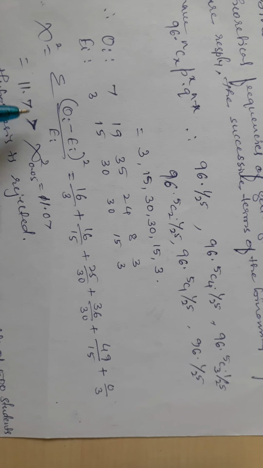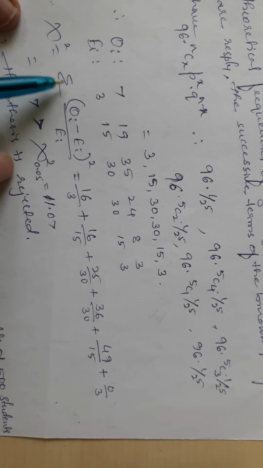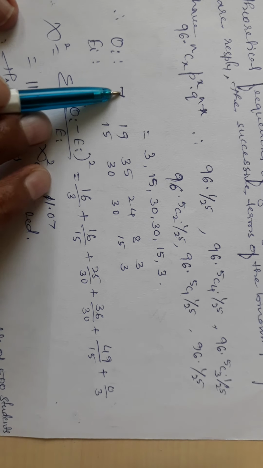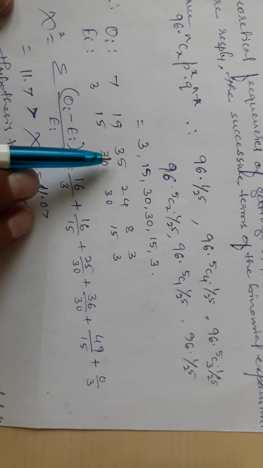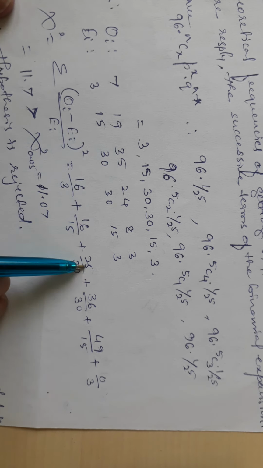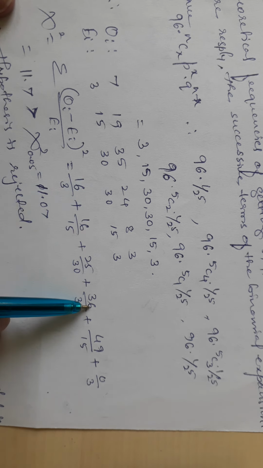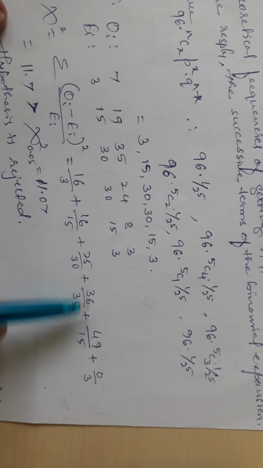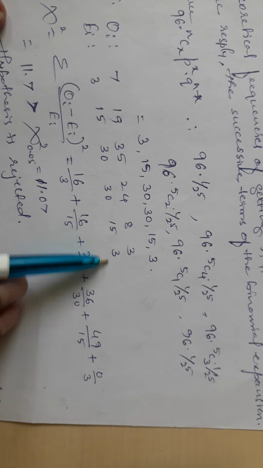Therefore, we have the formula chi-square is summation of (observed value minus expected value) whole square divided by expected value. Therefore, the difference squares are 16 by 3, 16 by 15, 25 divided by 30, 36 divided by 30, 49 divided by 15, and 0 divided by 3.